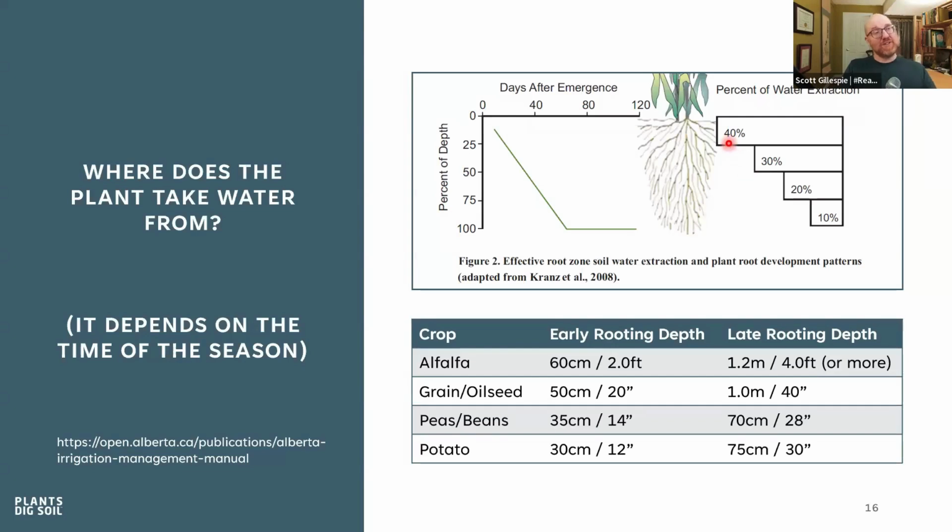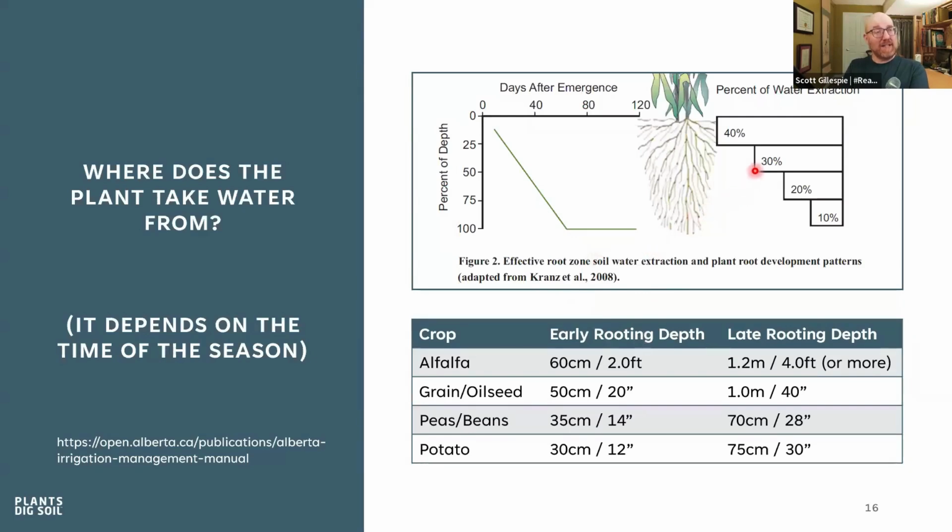40% of the moisture. So say if we're going to look at a grain or oil seed, for easy looking at the scale here, and because we're mostly talking about the oats. So say if you have a 100 centimeter rooting zone, 40% of its water is usually taken up in that top 25 centimeters, so about the top foot or so.